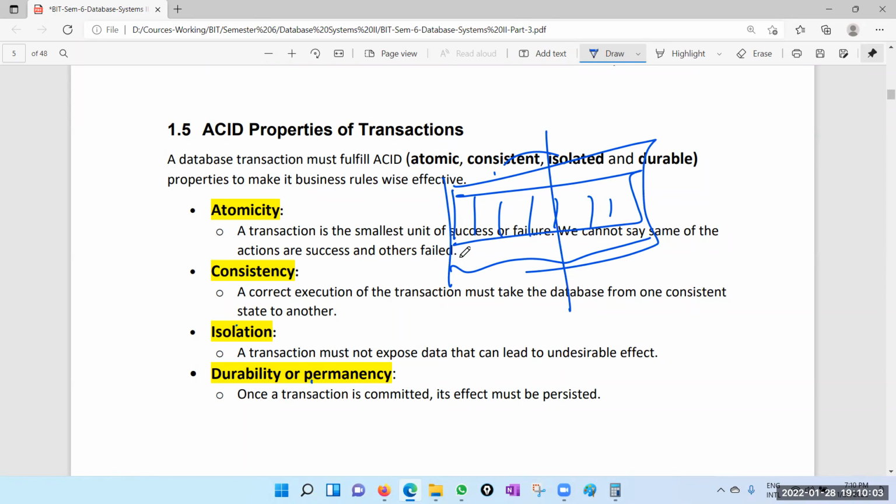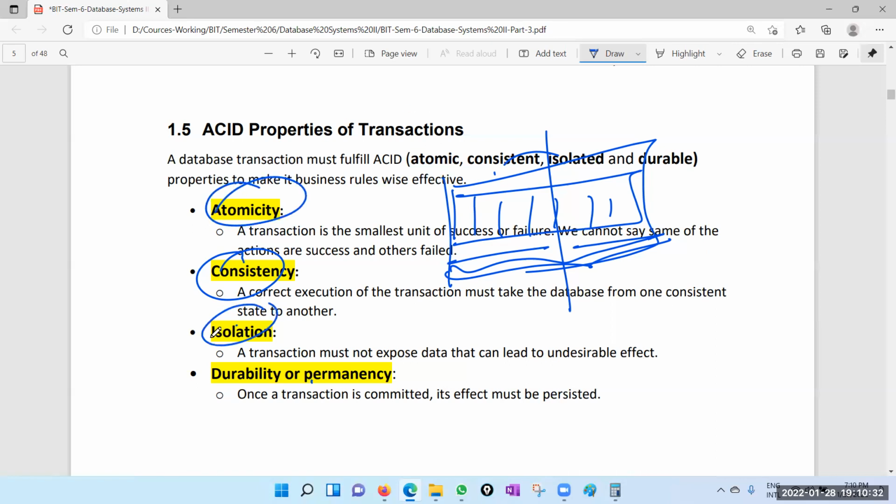You can't subdivide and say this part succeeds, this part fails. Fail means undone. Consistency means if your database data is consistent business-logic-wise before a particular transaction, at the end of the transaction also, your database data must be consistent with business rules, right?